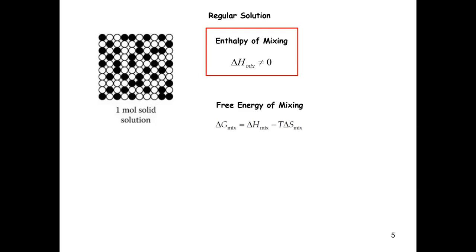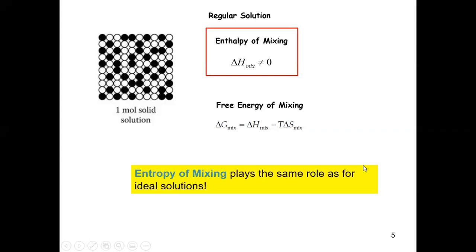Again, the key idea is to find out the free energy of mixing, but now we have to work out the two terms: the entropy of mixing, and now we have to worry about the enthalpy of mixing. So here is the first assumption that we make, which is different from the real solution. We assume that all our analysis that we derived for the entropy of mixing for the ideal solution also applies here.